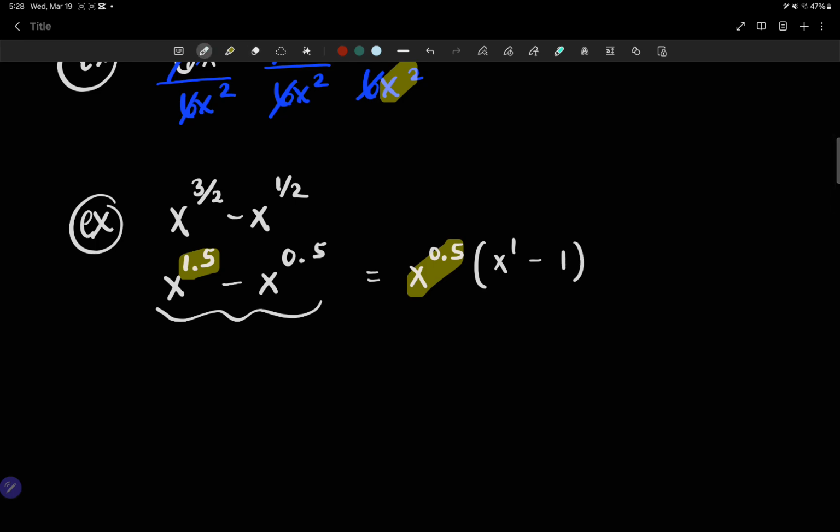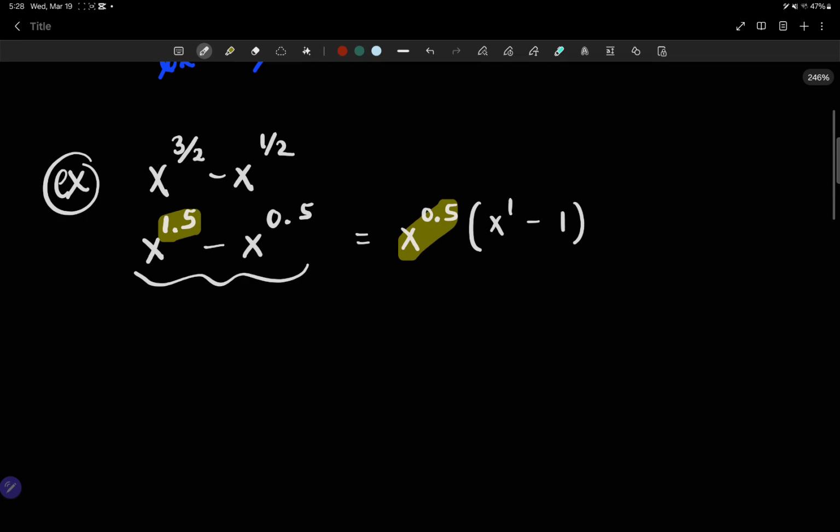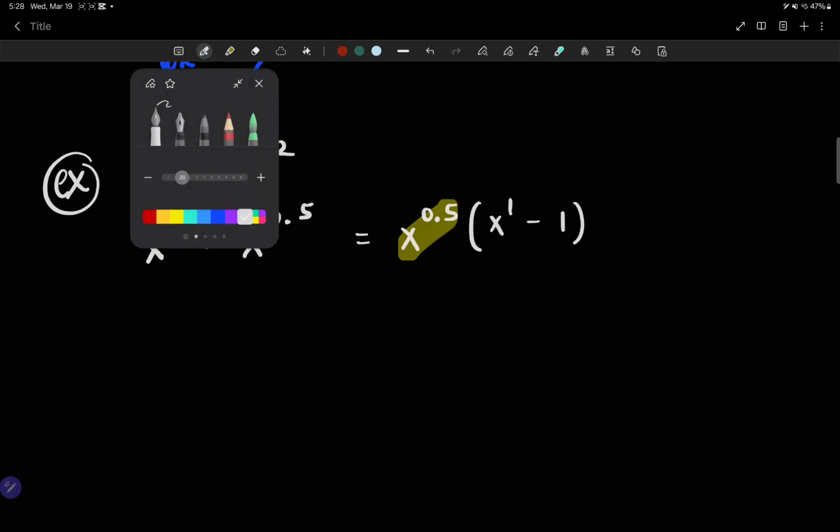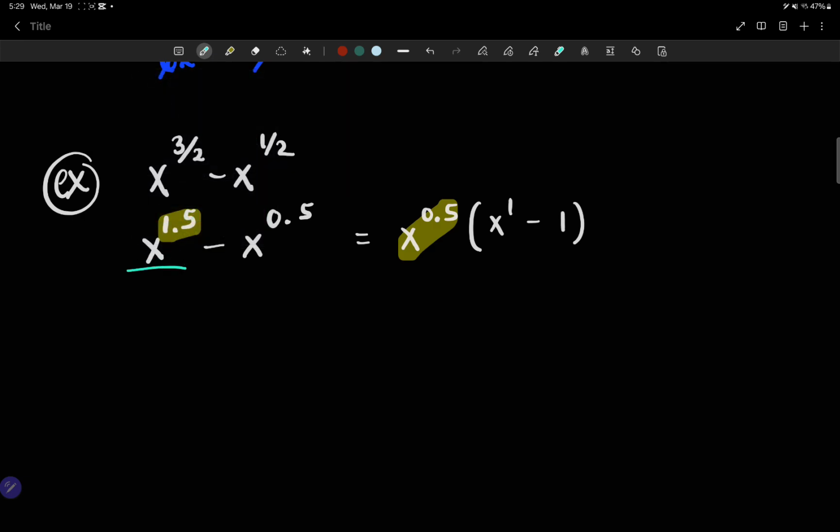So what we did there is we actually subtracted our exponents. My scratch work would be dividing this thing by x to the 0.5 and dividing this thing by x to the 0.5.